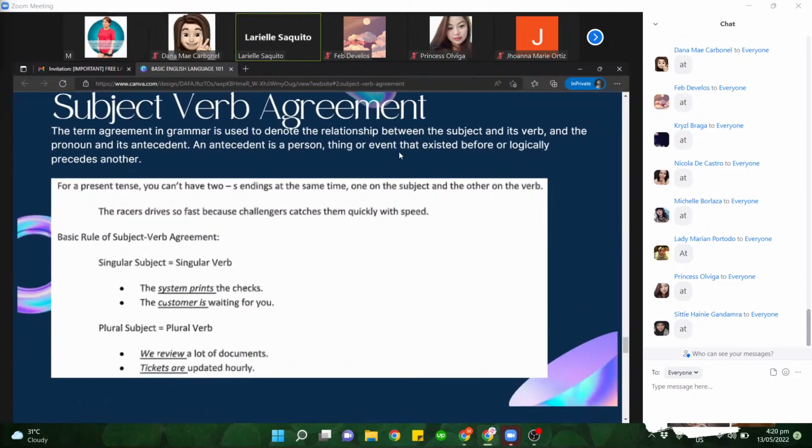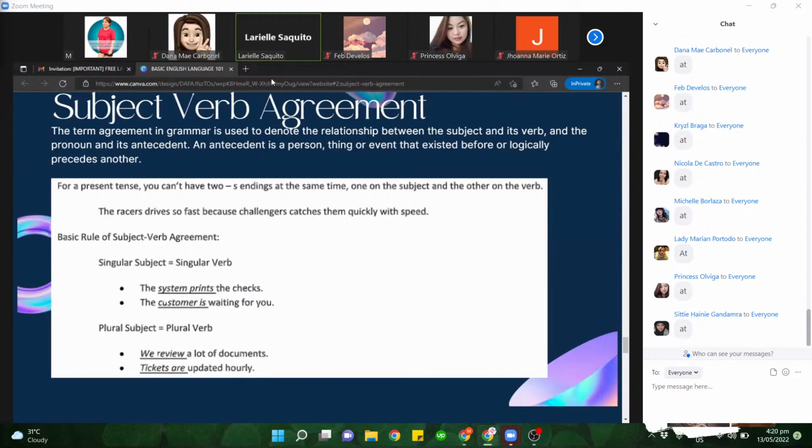So we have here our subject verb agreement. So again, this is going to be the agreement in grammar that is used to denote relationship between the subject and its verb. Okay, the pronoun and its antecedent as well.